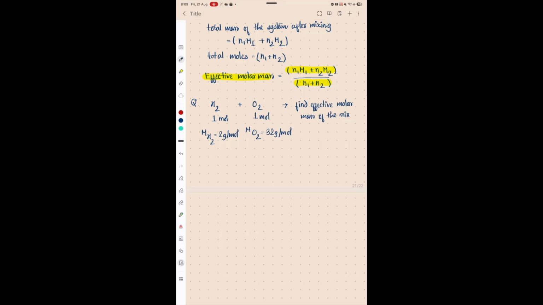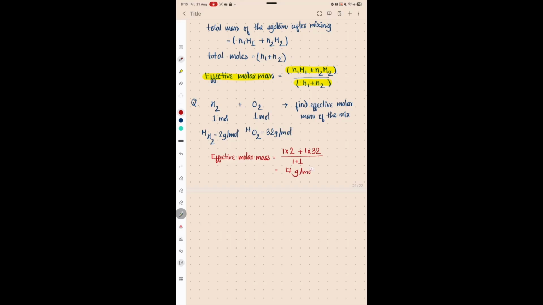Okay. Okay, so now effective molar mass is none but n1 is how much? 1 cross M1 is M of H2, so 2 plus 1 cross 32 divided by total moles 1 plus 1, so 34 by 2, 17 gram per mole, right?